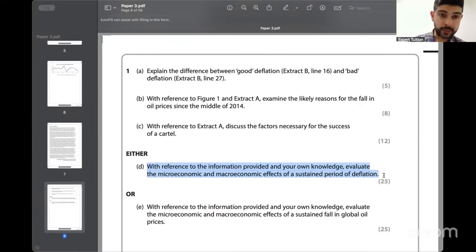AD shifts inwards. Economic growth goes down. Unemployment goes up because labor is derived demand. So the cyclical unemployment is now rising, right? And if unemployment is rising and people are losing their jobs, they're spending even less money. And therefore, you get more deflation and you get into a vicious spiral that is really, really hard to get out of, yeah? That, therefore, is in a nutshell the main issues that you've got when it comes to deflation.